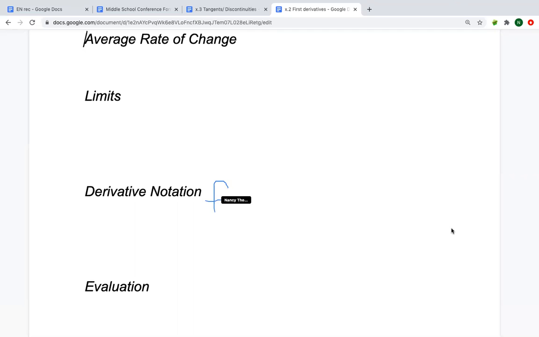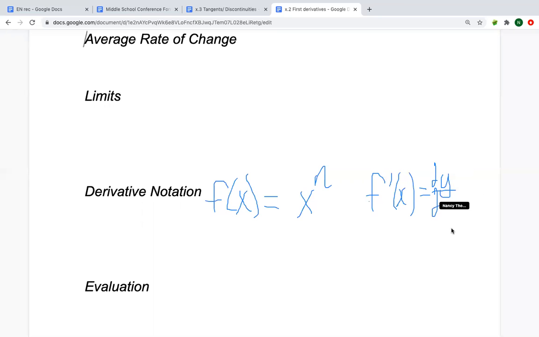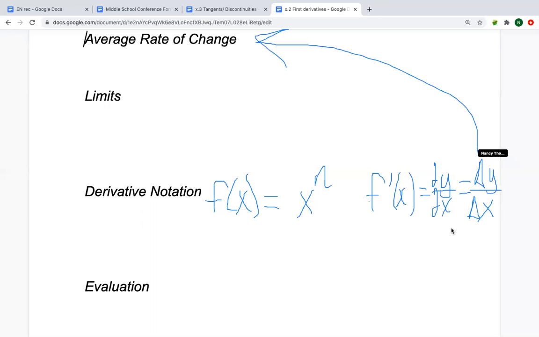If I have a function f of x equal to x to the nth power, then the derivative, or f prime of x, which we also sometimes call dy/dx, which is delta y over delta x, the change in y divided by the change in x, which is this formula up here.